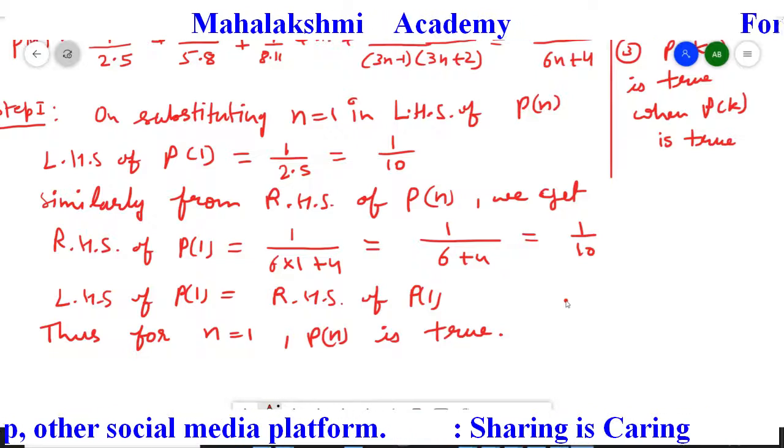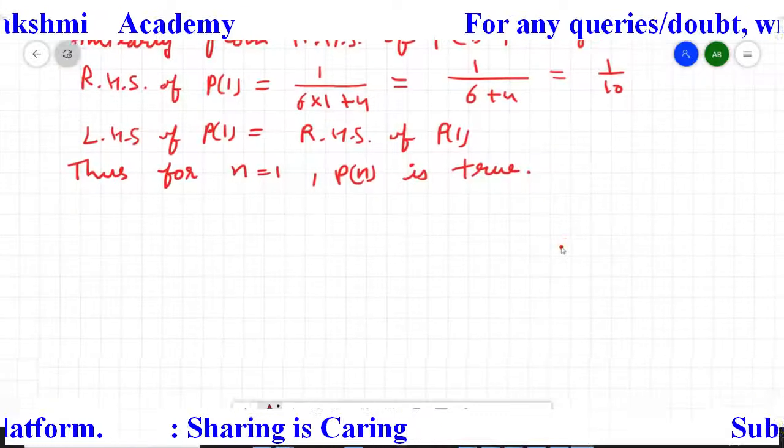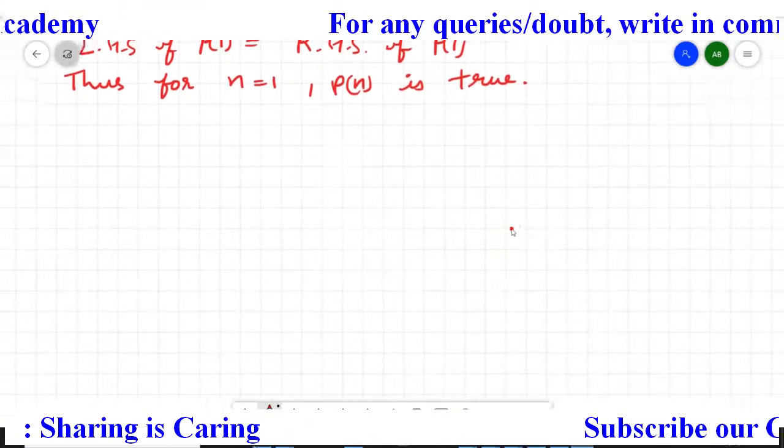Now we'll prove the second condition. In the second condition we have to assume that for n equal to k, the given statement is true.